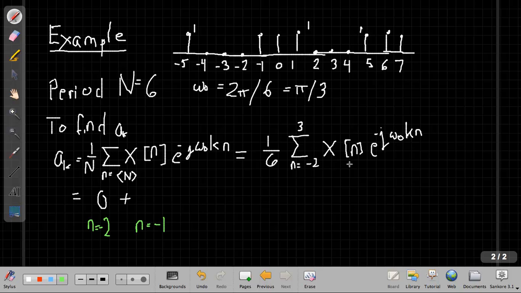So in the next term, I put in -1 for all the n's here. Well, now x is equal to 1. So I'm going to put that in. I've got a 1 times, and then I go up here and say, well, n is -1. I've got e to the minus j omega naught.